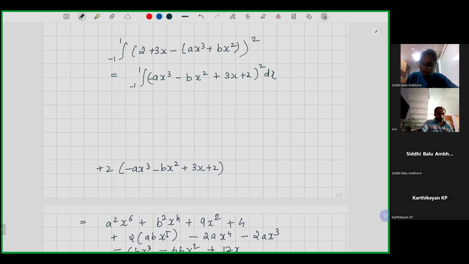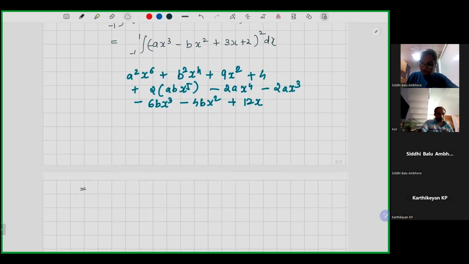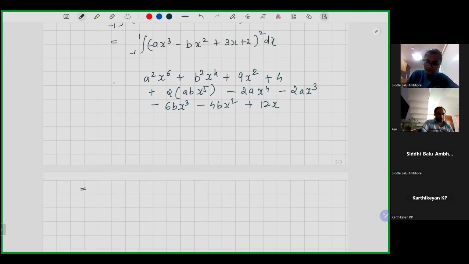So integration of this whole thing. All the odd degree terms will go to 0 when we integrate. Still, let me write.